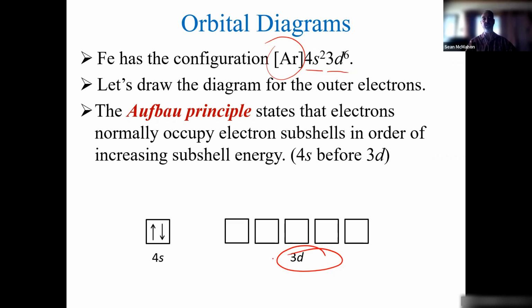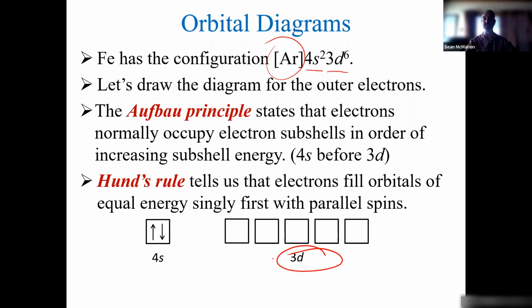But when you go to the 3d, you have to follow Hund's rule. And again, I said this earlier, with Hund's rule, you're basically going to go into an empty orbital first. So I need to add 6 electrons. How am I going to add them? I'm first going to fill each orbital with 1 electron. There are 5 orbitals.